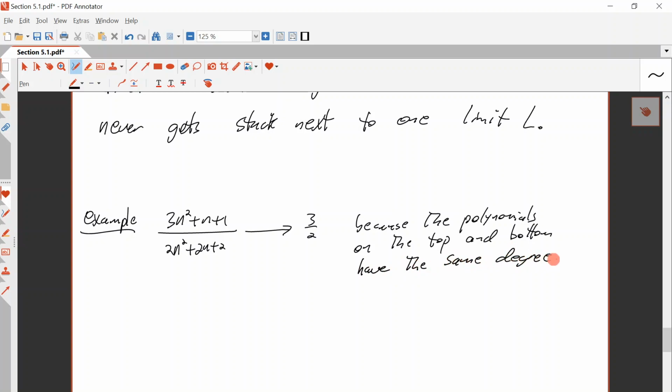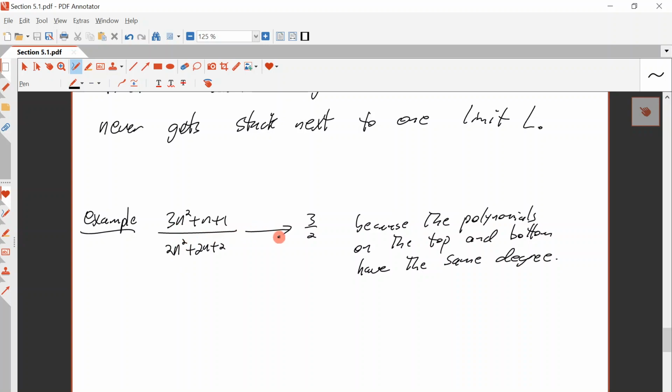Right, remember that? With limits, if the degree of the top and bottom are the same, and as n goes to infinity or as x goes to infinity, you achieve the limit that is the ratio of the leading coefficients. If the degree on the top is less than the degree on the bottom, then you go to 0. If the degree on the top is more than the degree on the bottom, then it goes to infinity.